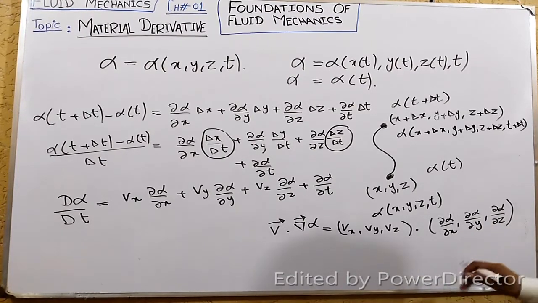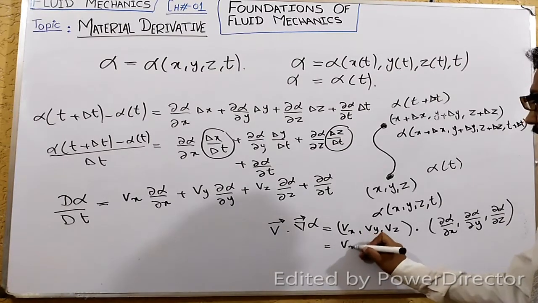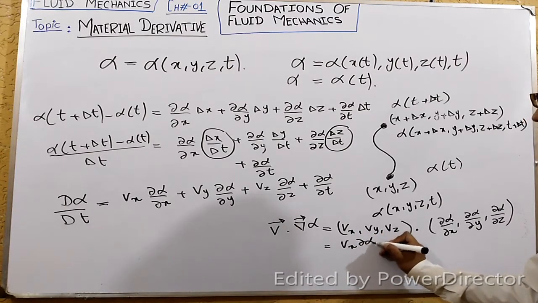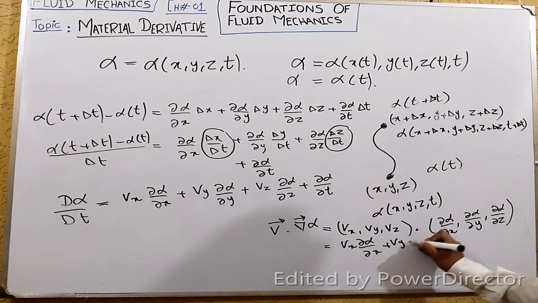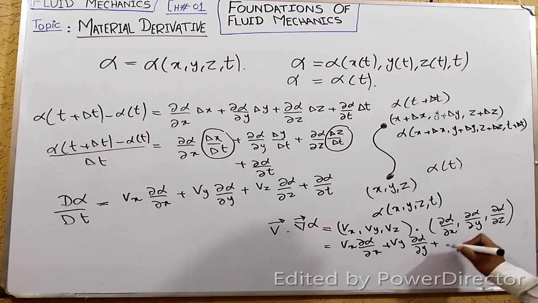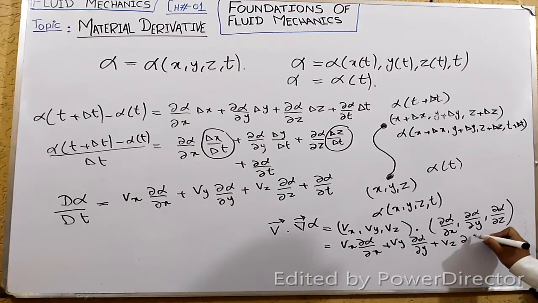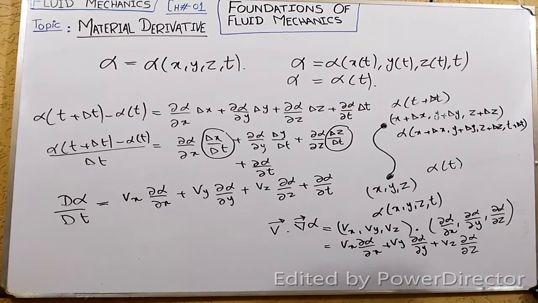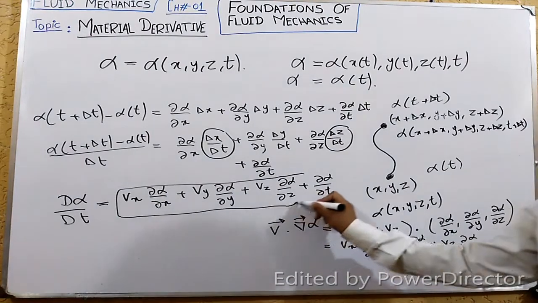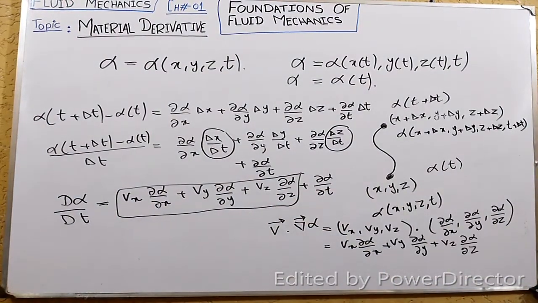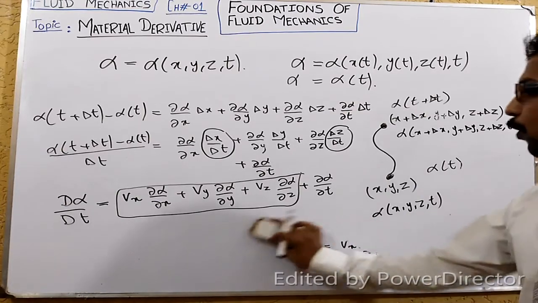This dot product is equal to Vx partial alpha by partial x plus Vy partial alpha by partial y plus Vz partial alpha by partial z, which is equal to this term in this equation. So we can write this equation in a more simplified form.